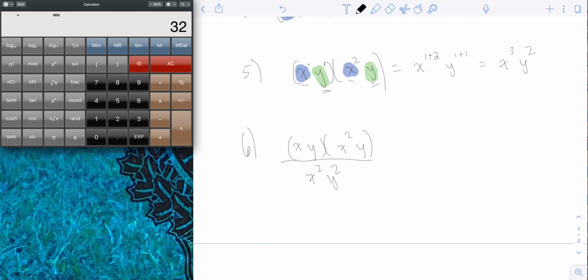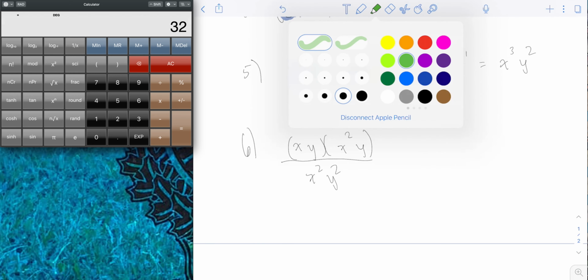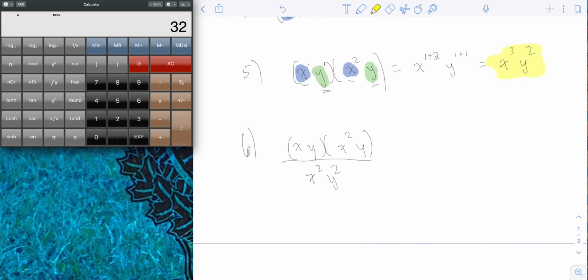Well, you'd apply the exact same work that you did up here to get an answer for the numerator. So in the top you're going to get x cubed y squared, and then you're going to divide by x squared y squared, because that's what's down here in the bottom. Now you can just do the math on that, because the bases match up with the x's, and they also match up with the y's.